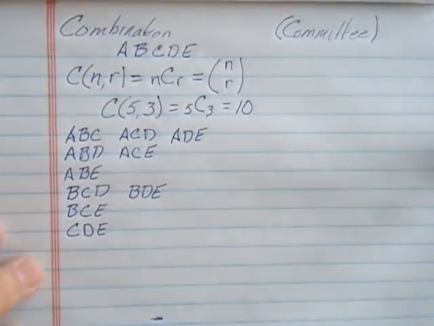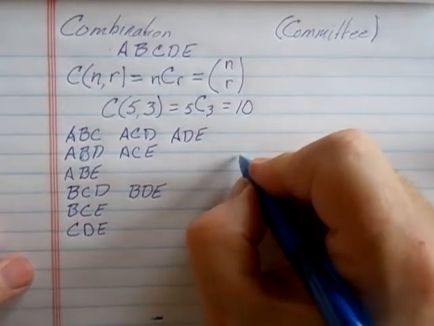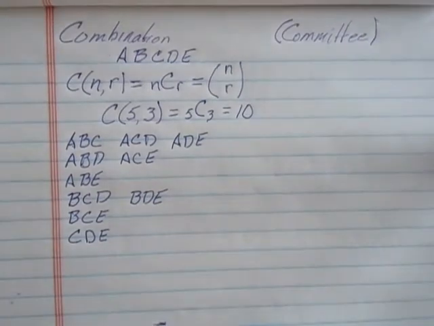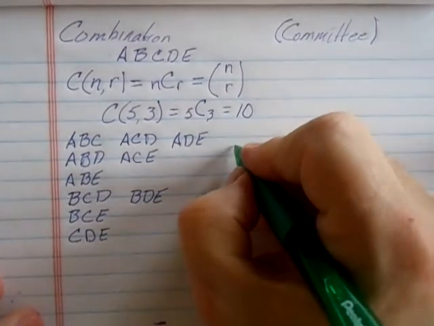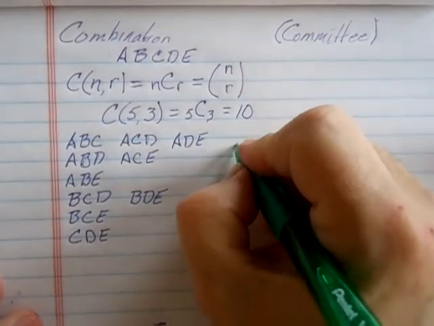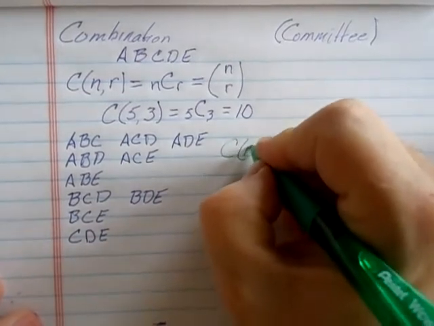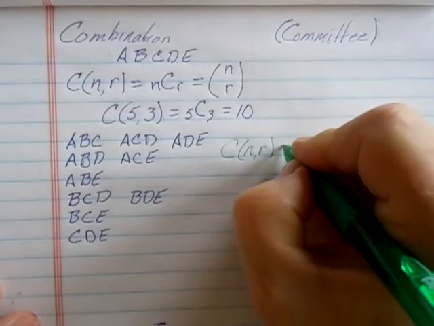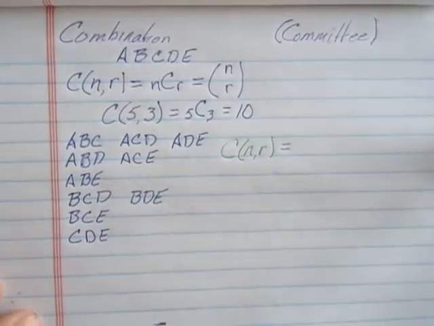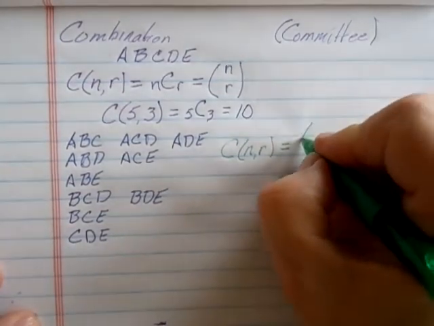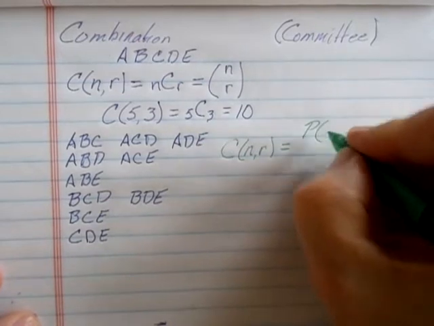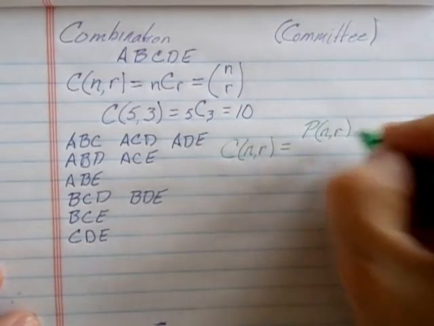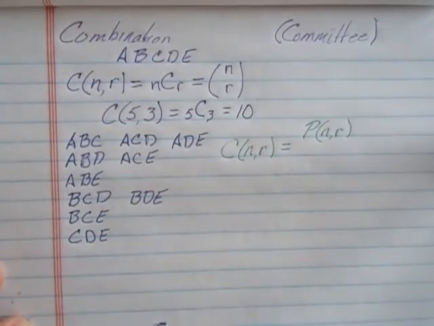Now let's look at some more general ways of counting that. In general, if we were looking at finding out of n things, we want to choose r of them, then here could be a way to count them. We could count all the presidencies or all the permutations that you could find, and that would count too many.